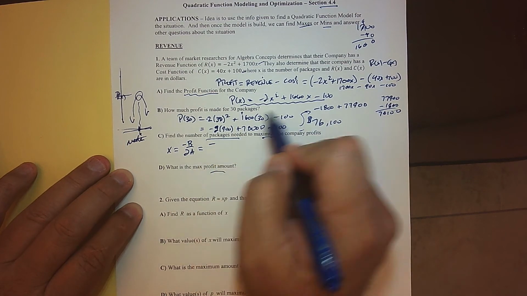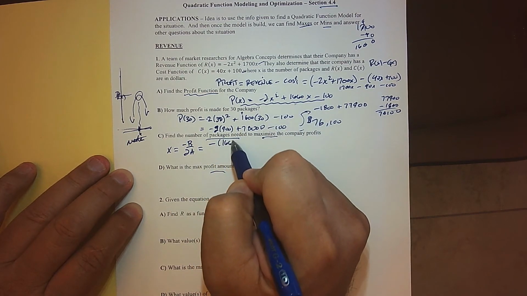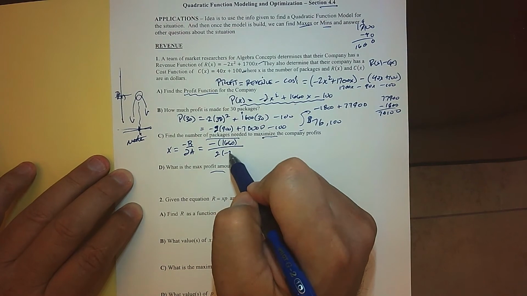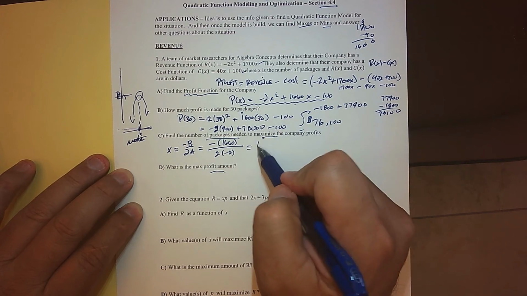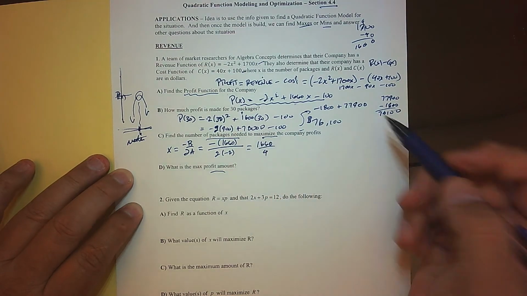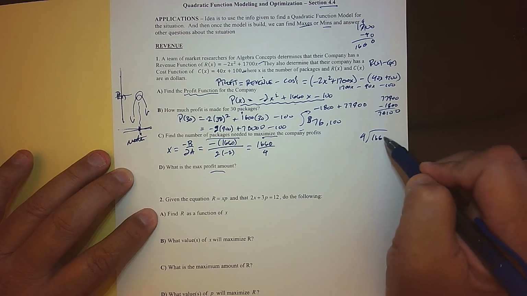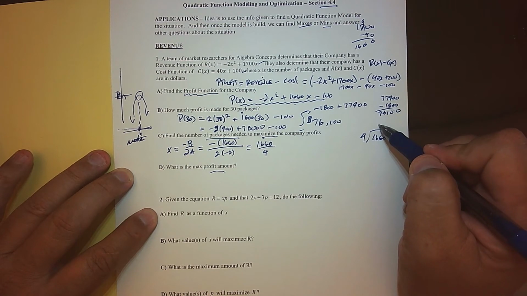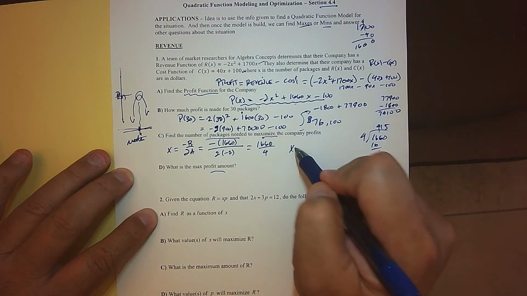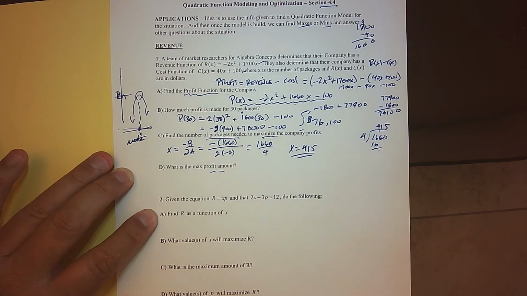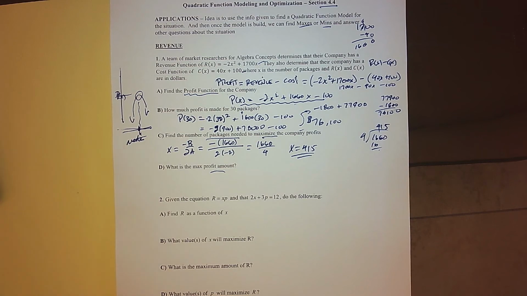So we have negative 1660 all over 2 and a negative 2. A negative divided by a negative is a positive, so we basically have 1660 over 4. So doing a little bit of math here, right, we get 4 and 1 and 15. So it looks like x equals 415.